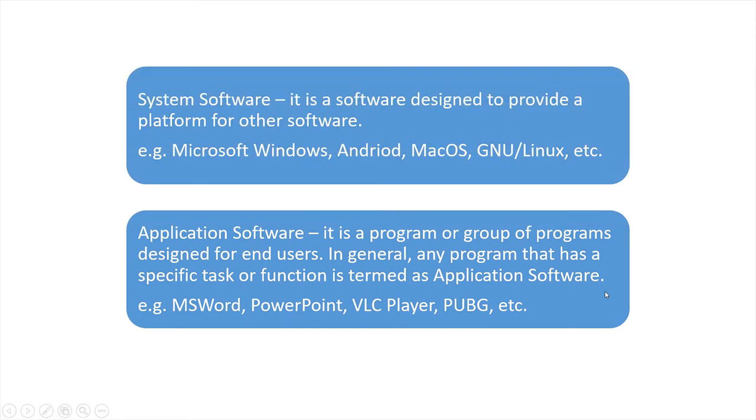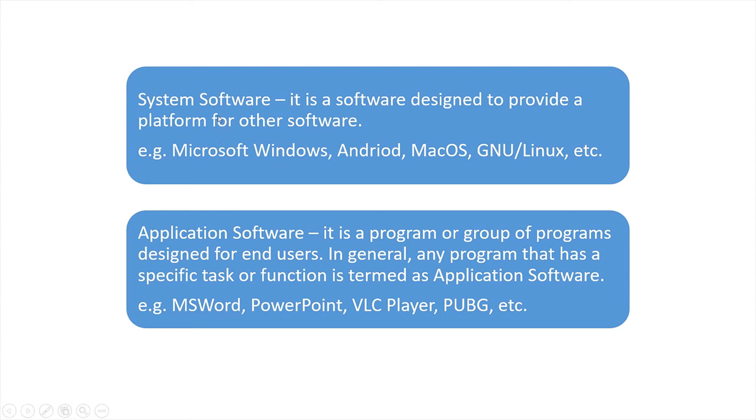What is a system software? If you look at the slide, it says that a system software is a software designed to provide a platform for other software. In other words, a system software is a software where other application software can be installed.